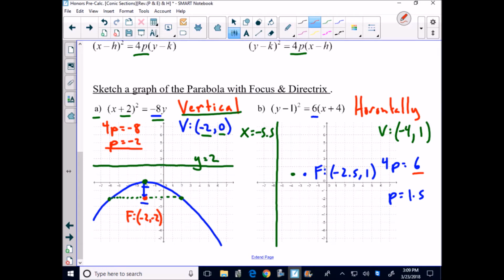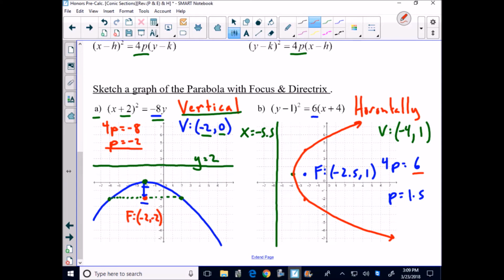So we would go out 3 in both directions from the focus, and that will give us the focal width of 6 through the focus. And we can graph our parabola through those 2 points and the vertex looking something like this.